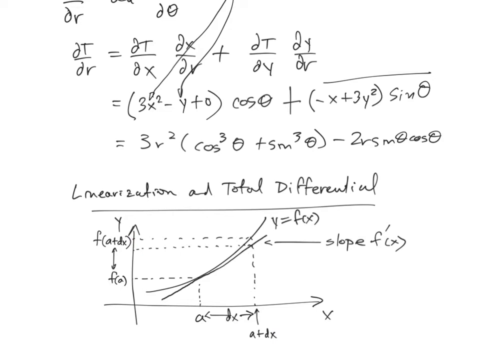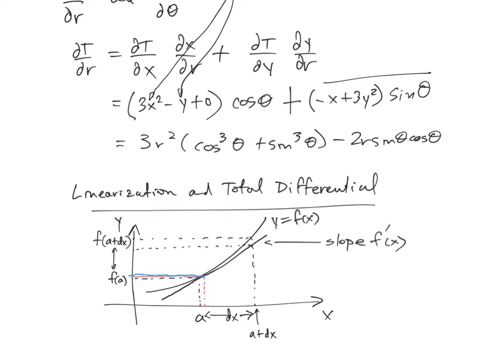But if I make dx really small, if I make dx like this, well, then the difference between the y value for the derivative and the y value for the actual function is going to get really close. That difference becomes really small. And my approximation of using the derivative to find how much my function changes for some change in x becomes very good. Okay?